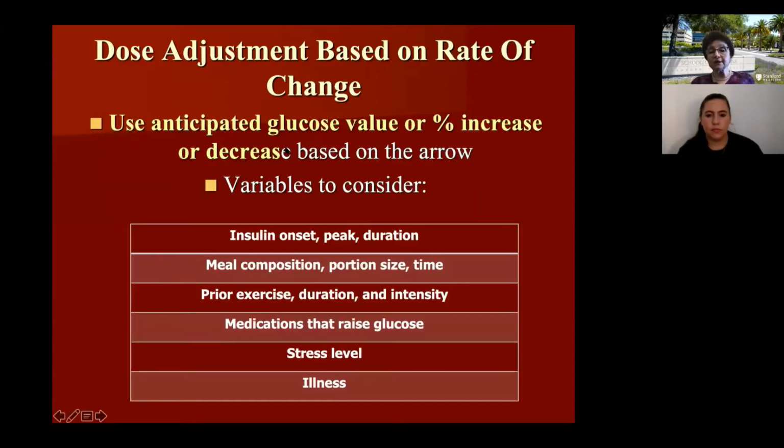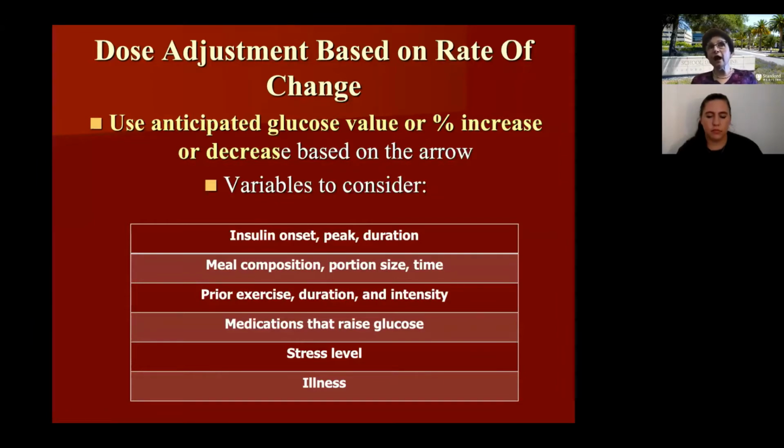So dose adjustments are made based on the rate of change. It depends on the device that you're using, whether it's an injection or a bolus. Use the anticipated glucose value, and you can use it for all the devices, even on a closed loop system.